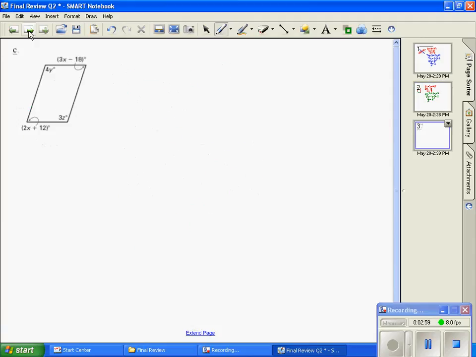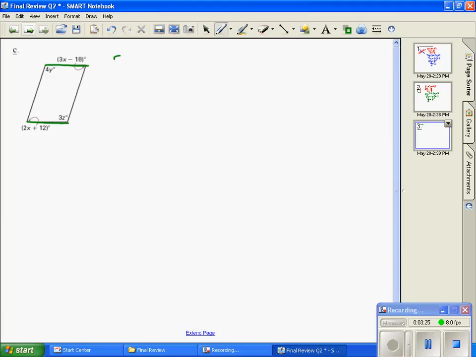Now, for this last parallelogram, we're given all the angles. And again, we know that opposite angles are congruent. So we see that only one set of opposite angles has the same variable, which is the x. So let's start with that. We can't do anything with the y or z yet. So let's set the parts with the x's equal to each other.